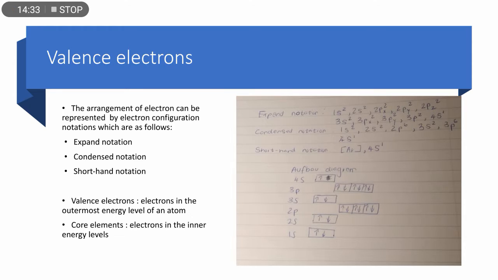You can see that when you apply the Aufbau diagram, you have to comply with the 3 rules that I pointed out in the previous lecture, which is very important. Without applying those rules, you are going to lose marks.